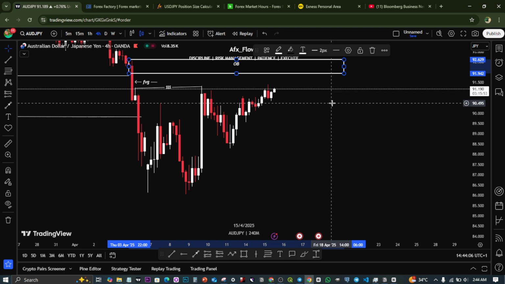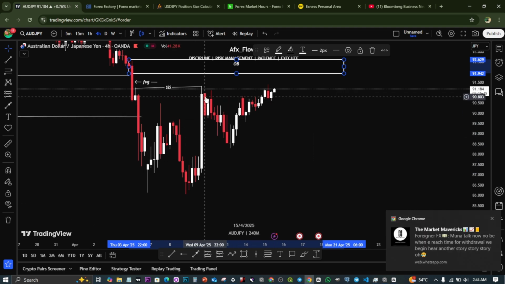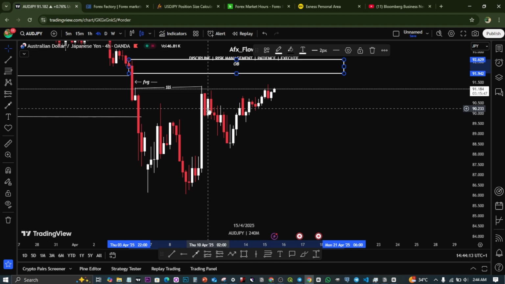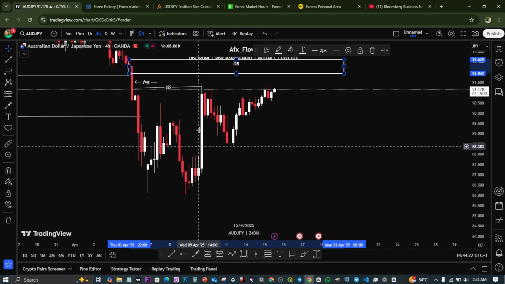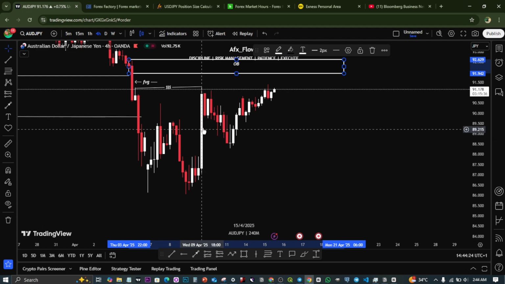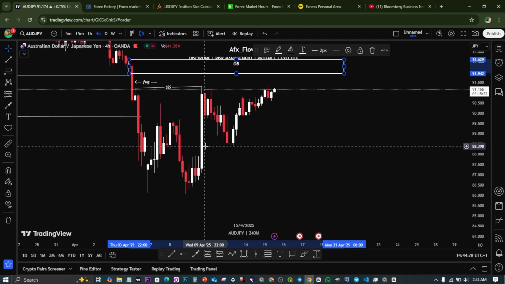That is literally what I'm looking for. What happened here was just a news. I think it was last week or during this week, I don't know. There was a news here, that's why price had to spike up. Some people call it a Marubozu candlestick. So you see that this is a fair value gap. Price came to retest it, came to fill it, but it did not fill everything.